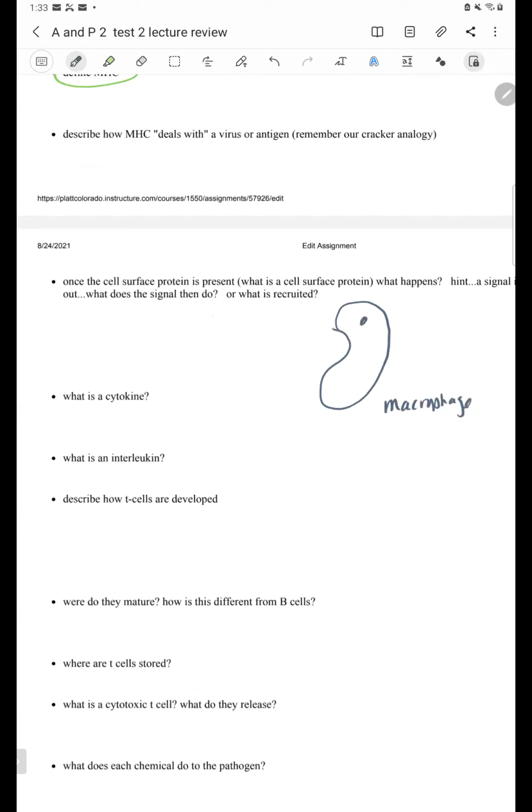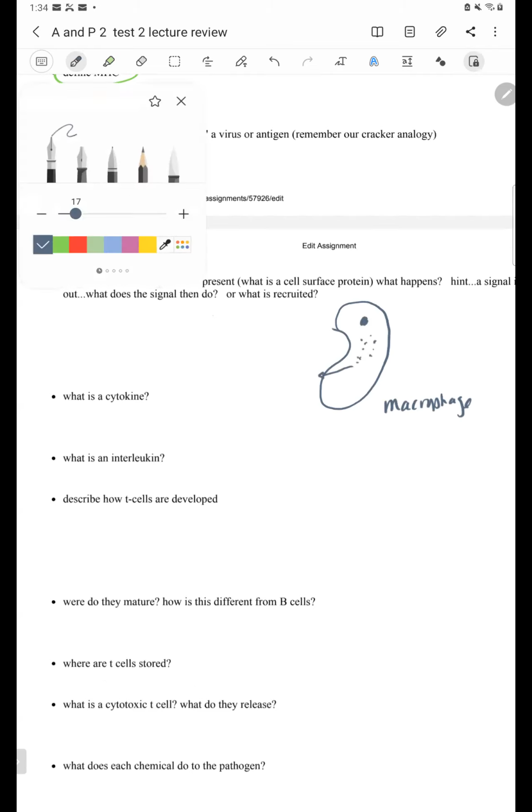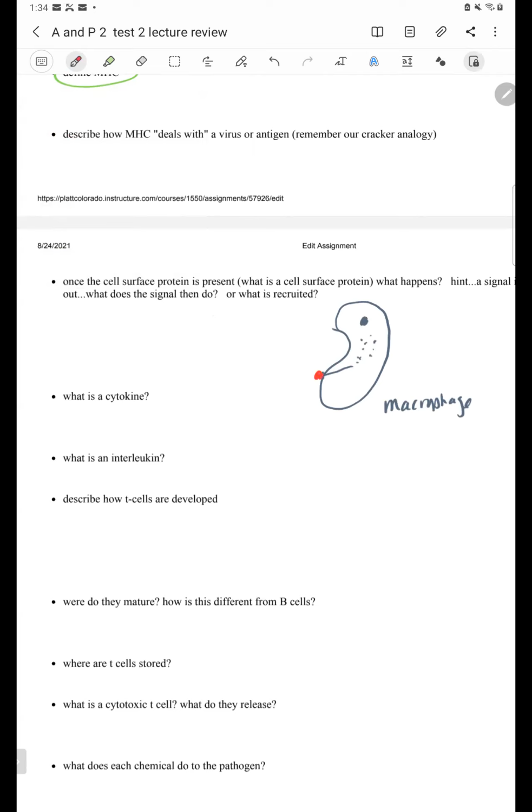So after the antigen is broken down, a piece of it is sent to the surface. So now we have the cell surface protein.